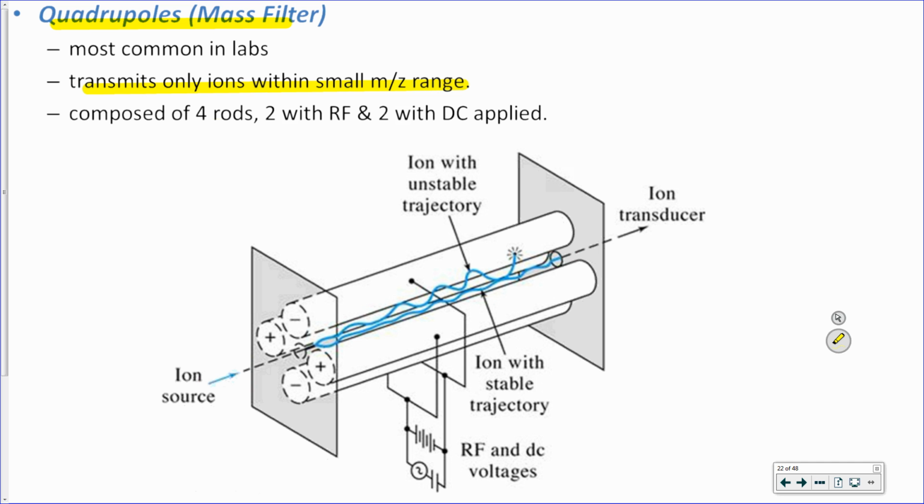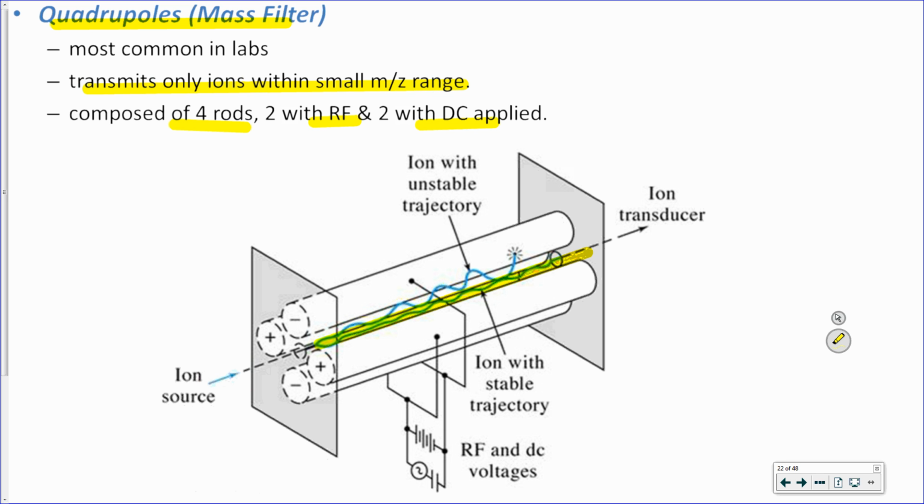So what it does is it transmits ions in a very small window, and they have 4 rods, where one pair of rods has a radio frequency on it, the other pair of rods has a DC voltage applied to it, and you're simultaneously scanning both the RF and the DC. And when the perfect combination of RF and DC is there, an ion starts, it's being pulled in all directions by this changing signal, but it has the perfect combination and will transmit through.